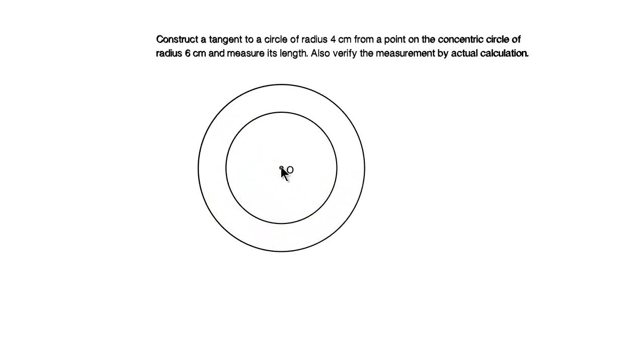We need to take now one point on the outer circle. You can select any place, as it is given in the question, from a point on the concentric circle. So you can select any point on this concentric circle which is having the radius of 6 cm.